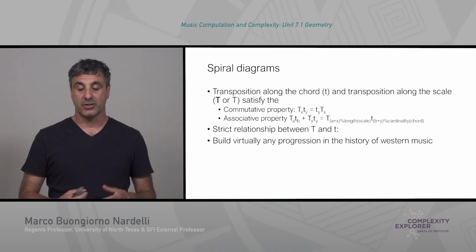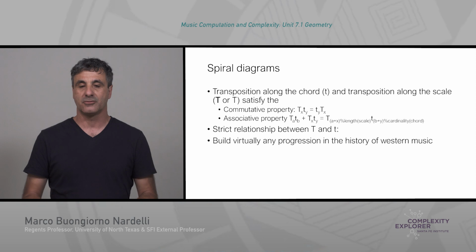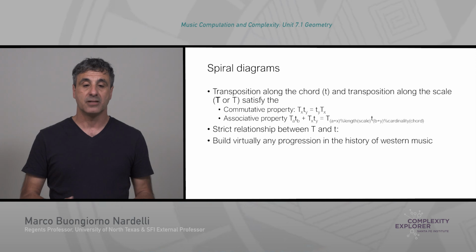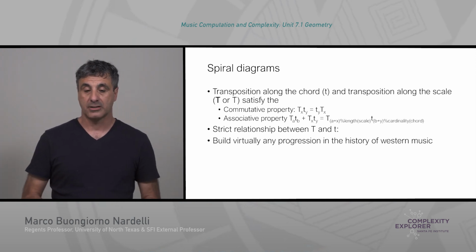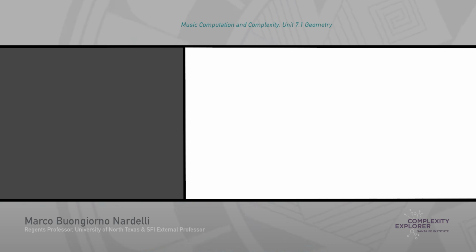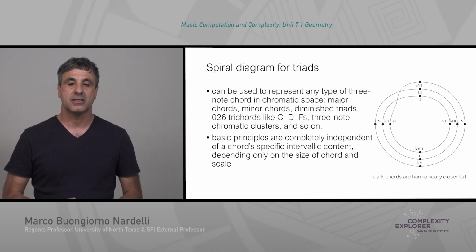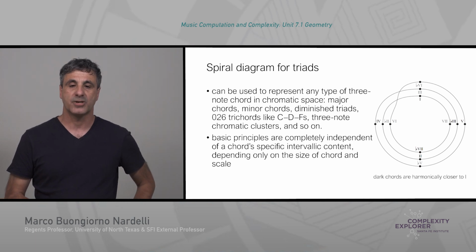So you can actually invert the order of the operations, and you get the same results. And using these spiral diagrams, you can build virtually any progression in the history of Western music within the tonal tradition.